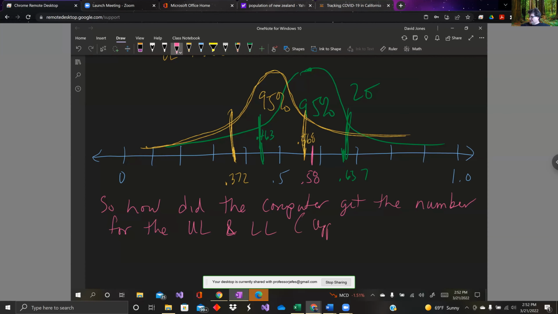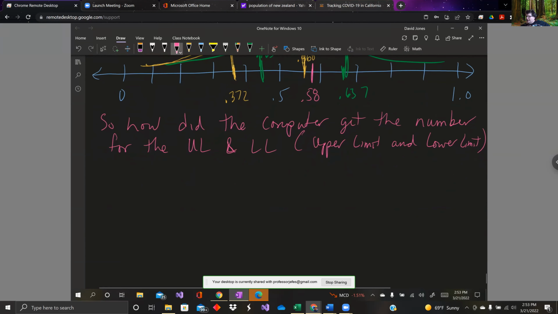I guess I should write in there what that means, upper limit and lower limit. It's all based on that percentage of area they want to capture. Let's make it shorter so I can write next to it.